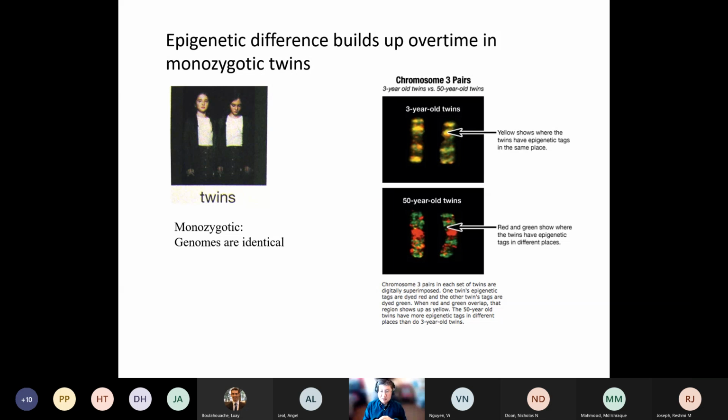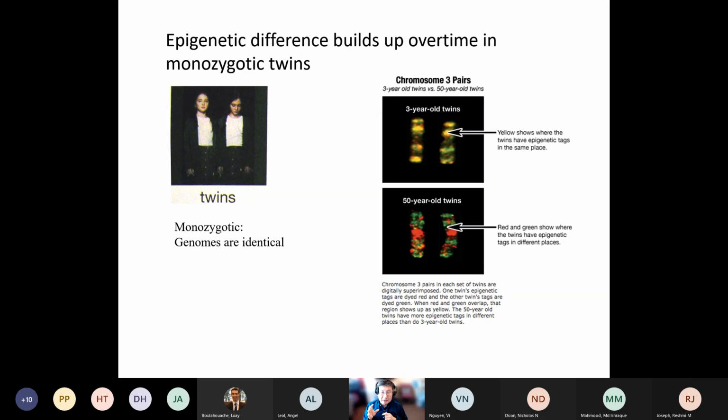But over the years, one may appear taller, the other shorter, or their skin color, all kinds of things can happen over the years because they may have different experiences of life, and they may prefer different diets, things like that. That all can change how they look and how they behave.